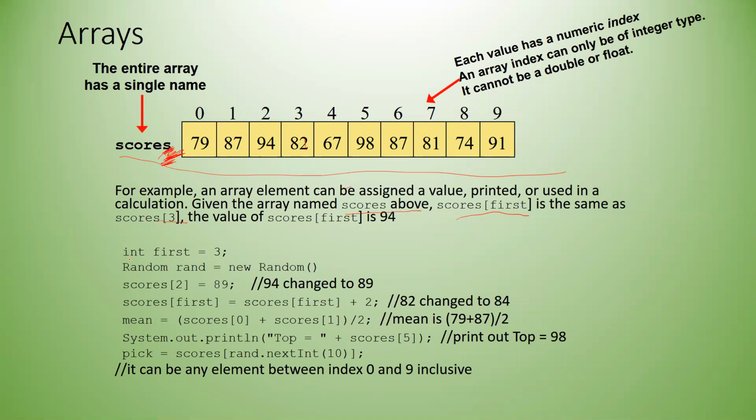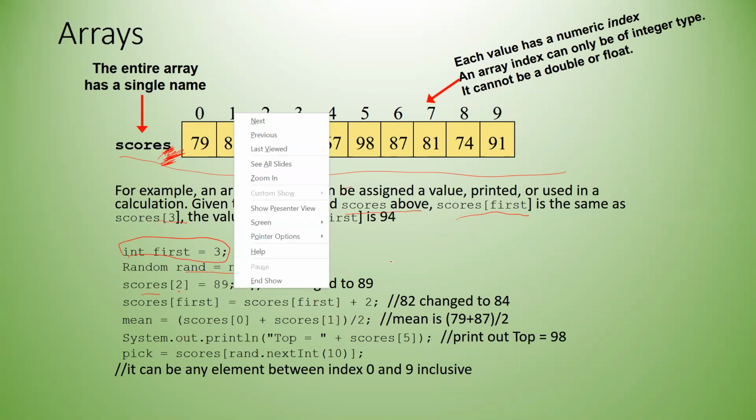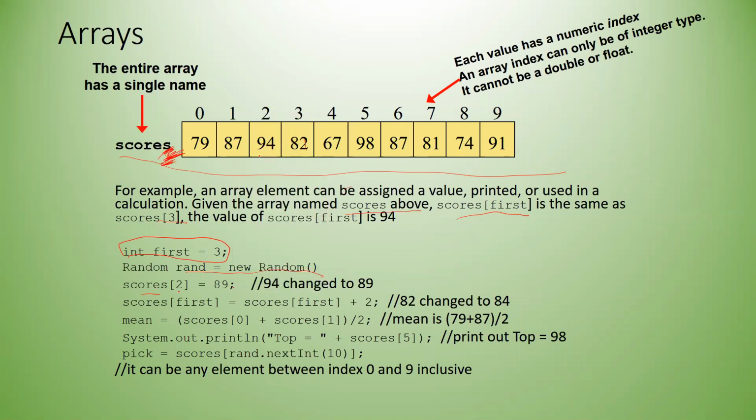So let's look at this. You declare a variable, and now scores sub 2 is 89, right? So now you are changing this to 89. And scores sub first is 3.